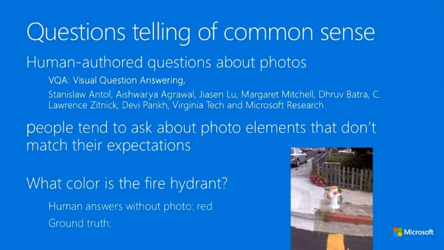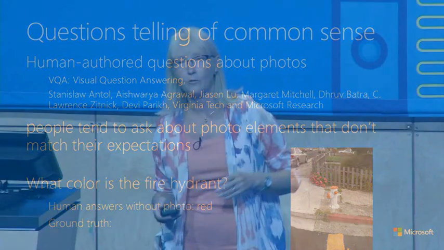So for the set of questions that are, what color is the fire hydrant? If I ask this question to you in the audience, without seeing the picture, you're going to say red if you're from the United States, by and large, right? Always, by and large. But in fact, this question was asked for this picture where the fire hydrant is orange and white.